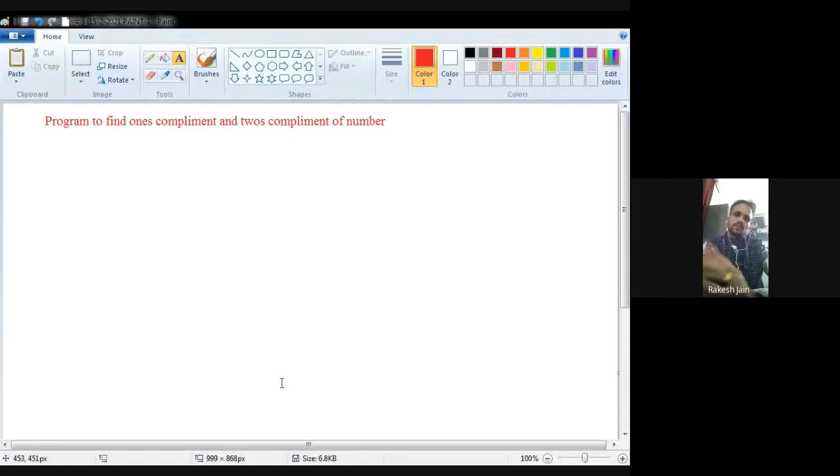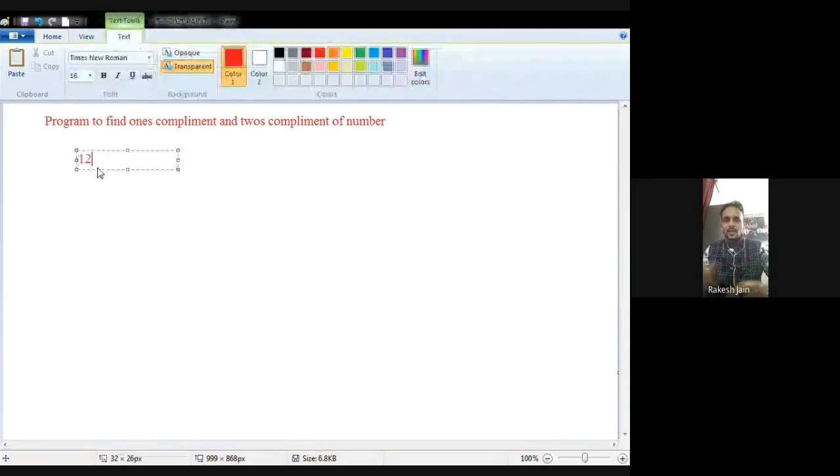First of all, what is the meaning of ones complement and twos complement? In the 8085 microprocessor, we basically write the program in assembly language. Let's suppose there is a number 12 in hexadecimal, because the microprocessor understands only hexadecimal.